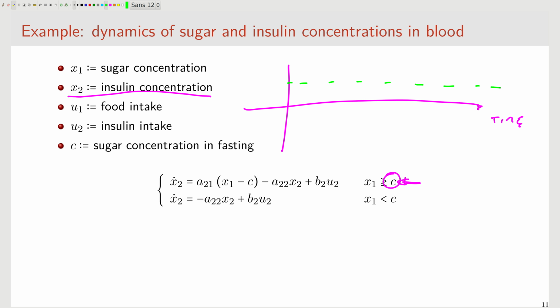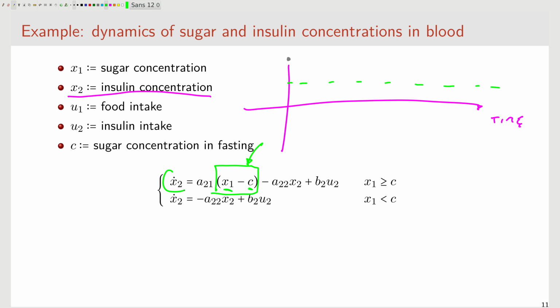That is, let's say, what would happen to you if you were fasting and not eating for a lot of time. Let's say that x1 at time 0 is here. In case x1 is bigger than c, what happens to the derivative of x2? x2 is, first of all, increasing thanks to this term, because x1 is bigger than c, so this is a positive quantity.